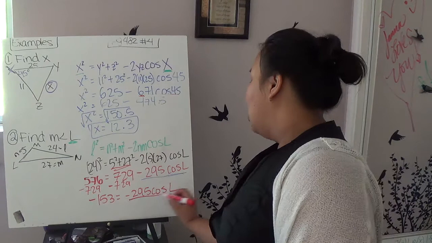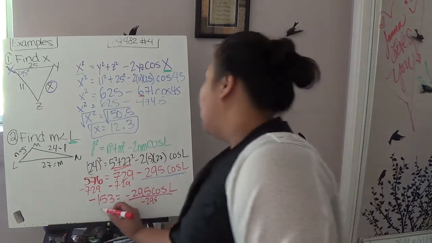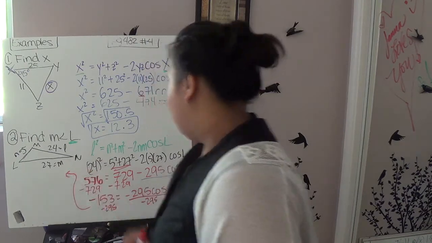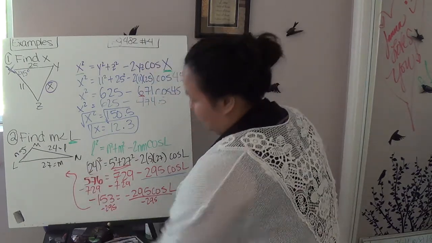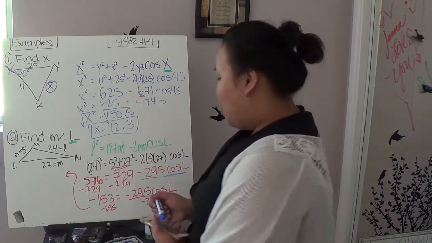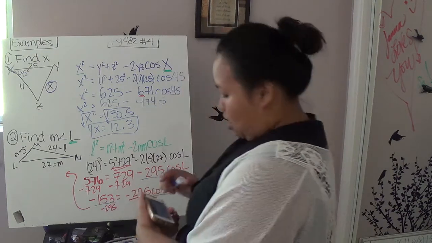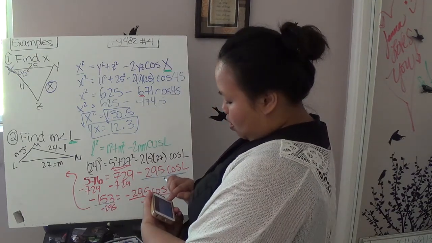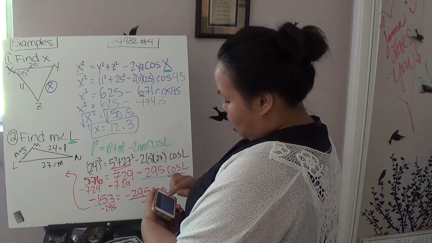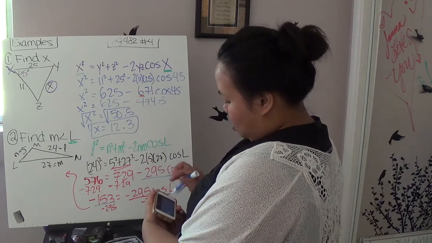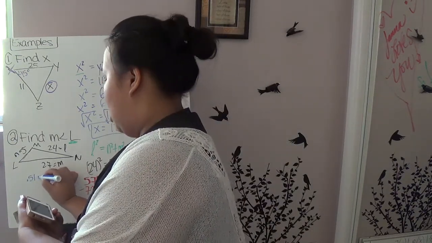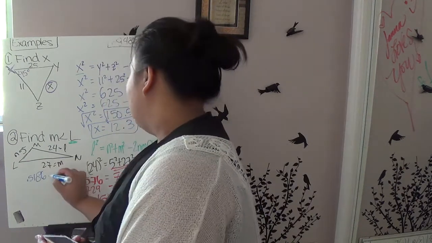I'm going to divide by negative 295 on both sides, and I'm going to go over here because I'm running out of room, and I apologize. So negative 153 divided by negative 295 is 0.5186. Use 4 decimals. Equals cos of L.